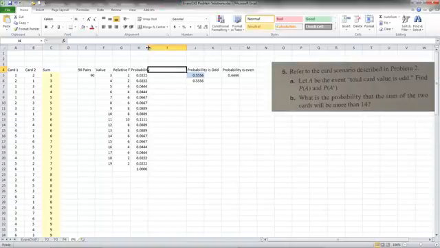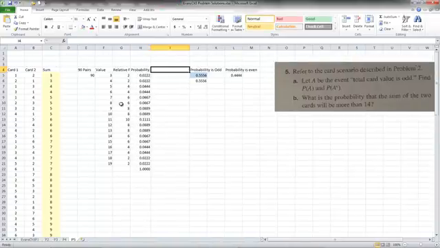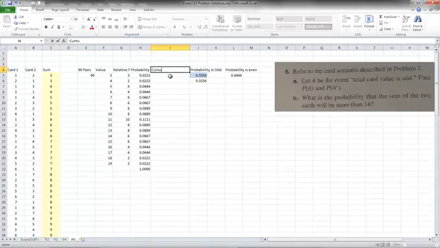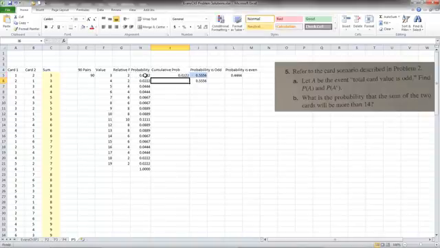So the cumulative probability is done like this. This is a running total, and we just take the total plus the new entry as we're going down our table here. So actually now we can just drag this down.